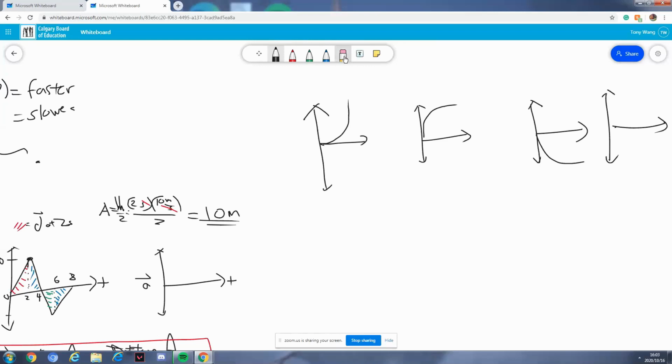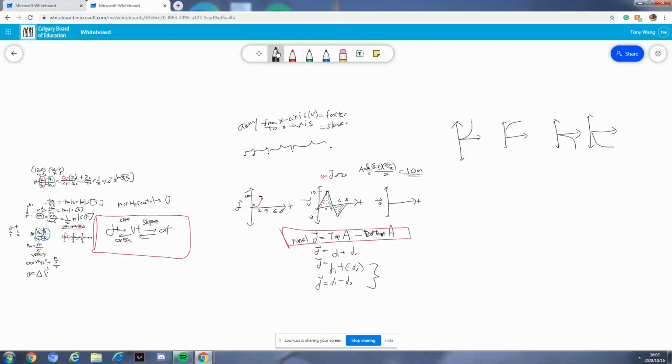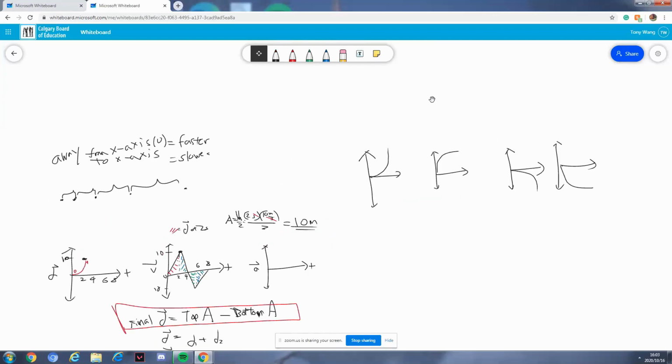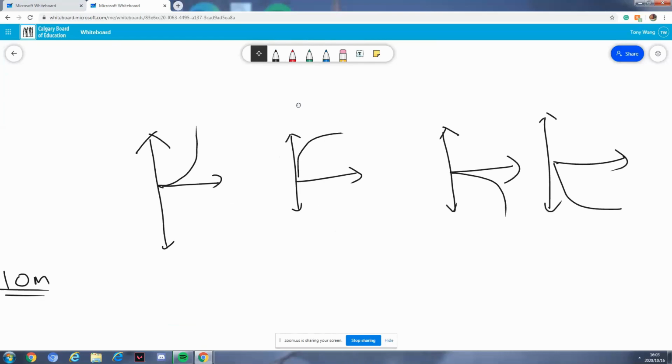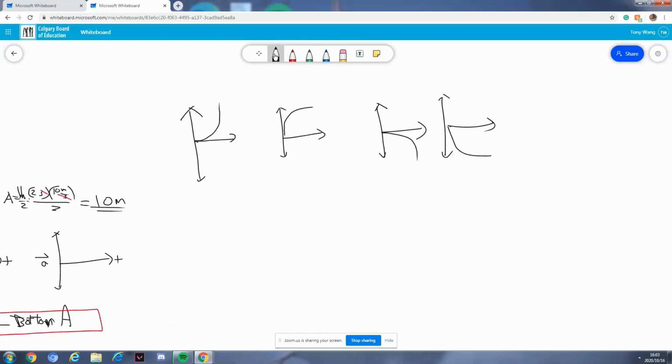This is mostly memorization, but if you're good at using reason and logic, you shouldn't have to memorize them. Note that slope equals the velocity.